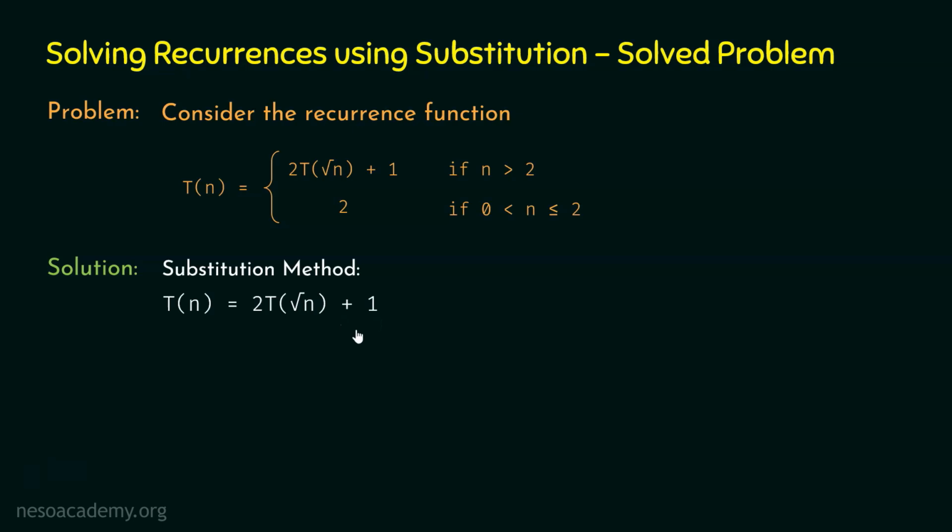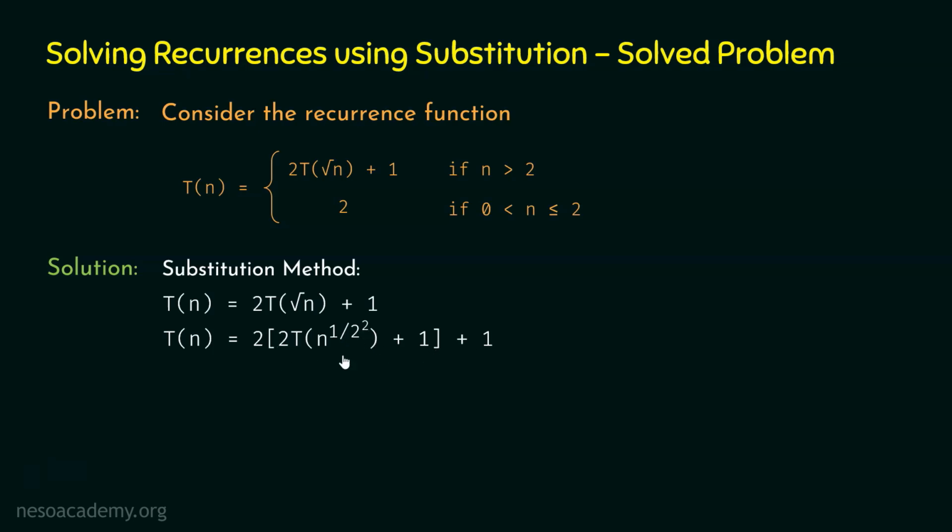So this means we can replace T(square root of n) by 2 times T(square root of n) + 1. After substituting, we will get this equation: T(n) equal to 2 times [2T(n^(1/2)^(1/2)) + 1] + 1.